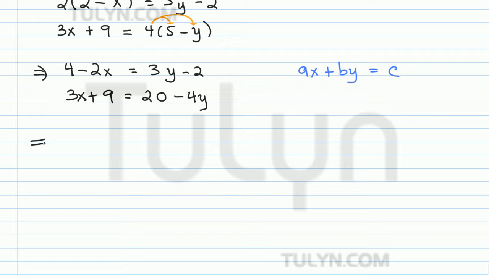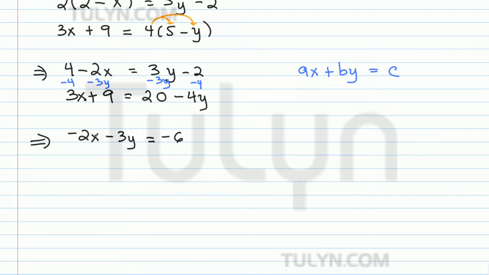So with that, the first equation, negative 2x, let's subtract a 3y from each side. So we're going to get negative 3y here, and then we want to move that 4 over to the other side, so we want to subtract a 4 from each side. So on the right side we're going to get minus 2 minus 4, which is minus 6.